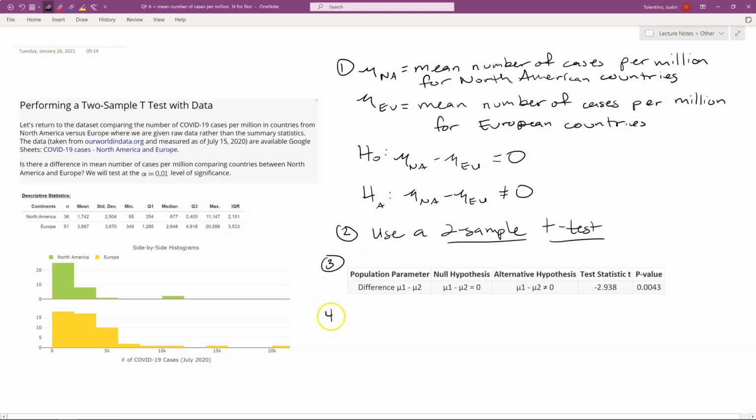Finally, step 4, we want to make the conclusion based off what we see here. And since we are making this at a 0.01 level of significance, we need to compare our p-value to that. And we notice 0.0043 is definitely less than 0.01, so we'll make note of that. Since the p-value is less than 0.01, that tells us that this data is unlikely under the null hypothesis. So we're going to reject that null hypothesis.